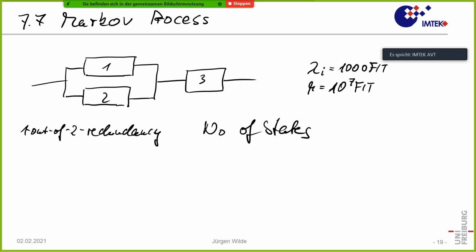Because each is binary, so it's 2 to the power of 3, not 3 to the power of 2. One has 2 states times 2 other states times 2 other states.